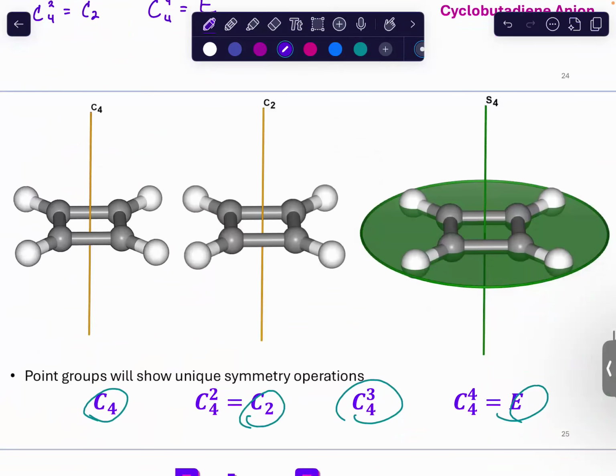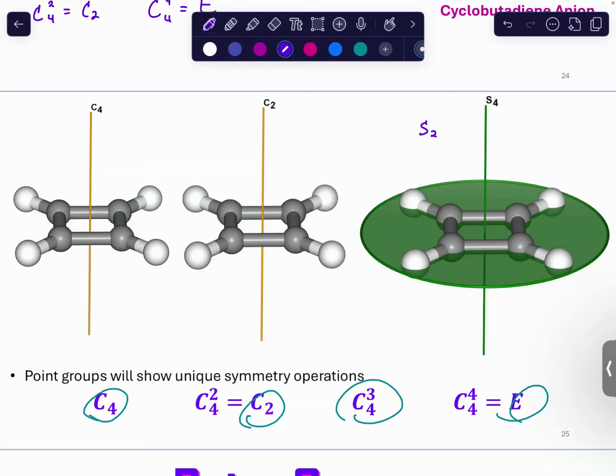And there you can see the S4. We rotate 90 degrees, and then reflect, but this would also have an S2. So you can start to see that. This is why they're stacked, this is why you have C2 and C4.